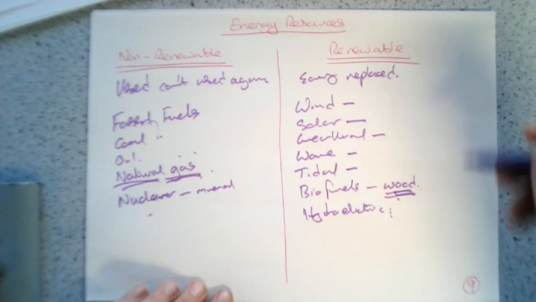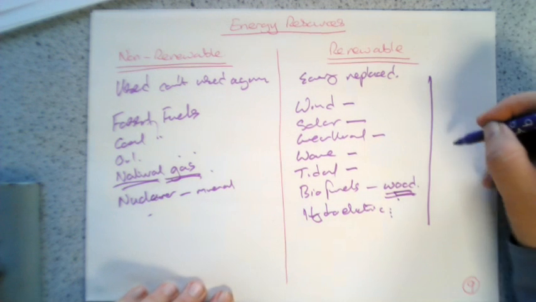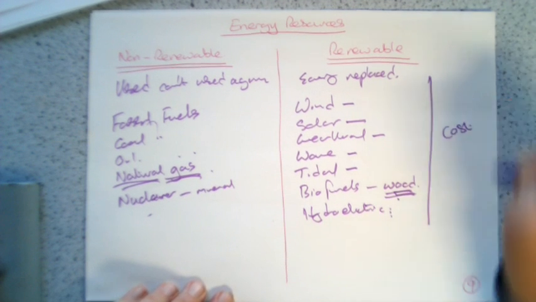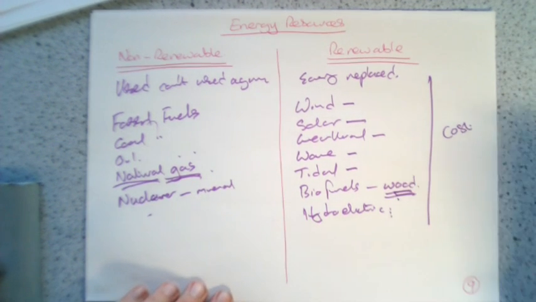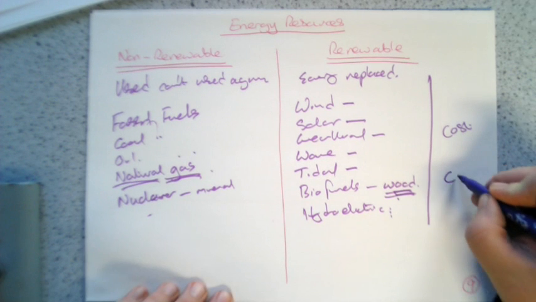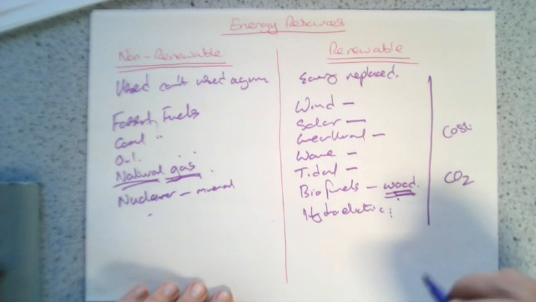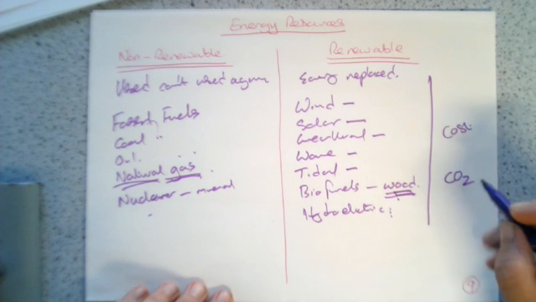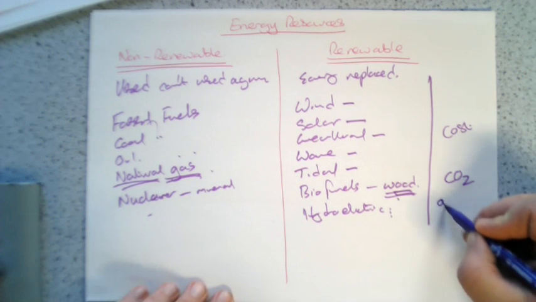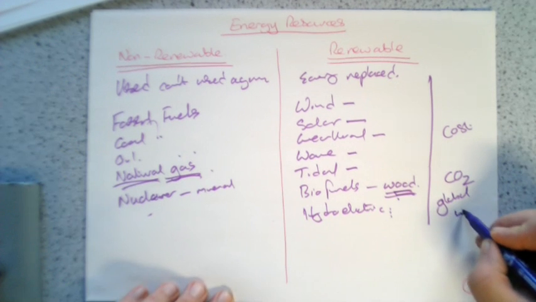Now, a big disadvantage of all of these is cost, okay? So a disadvantage is the cost. A really good advantage of these is that they do not produce any carbon dioxide, and that carbon dioxide then does not contribute to global warming.